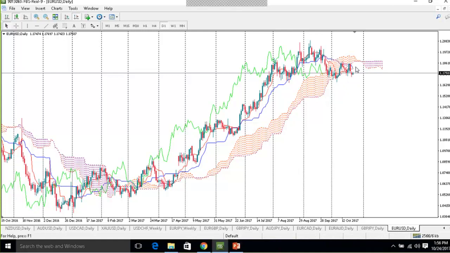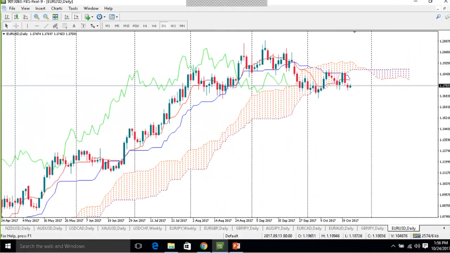When we put these recommended parameters, we actually see that with these settings, the price has already breached the Ichimoku cloud to the downside. It went up to test this cloud once again, and then there was a big rejection from this cloud. Actually, this was reinforced by the bearish engulfing pattern here just below the cloud.